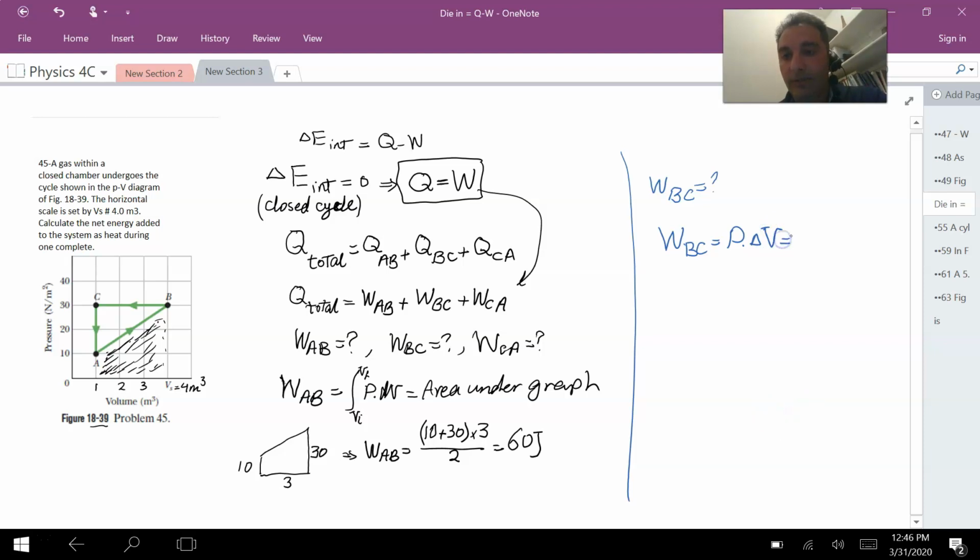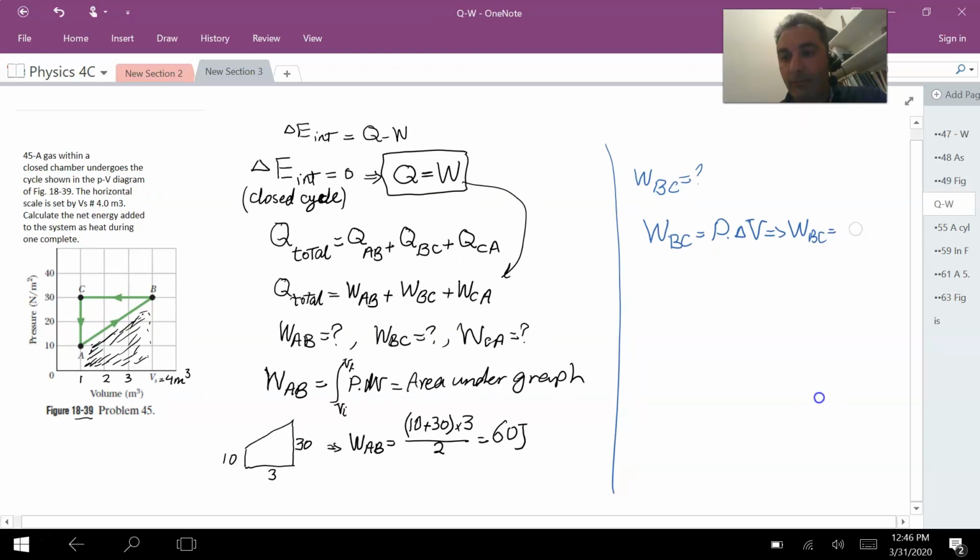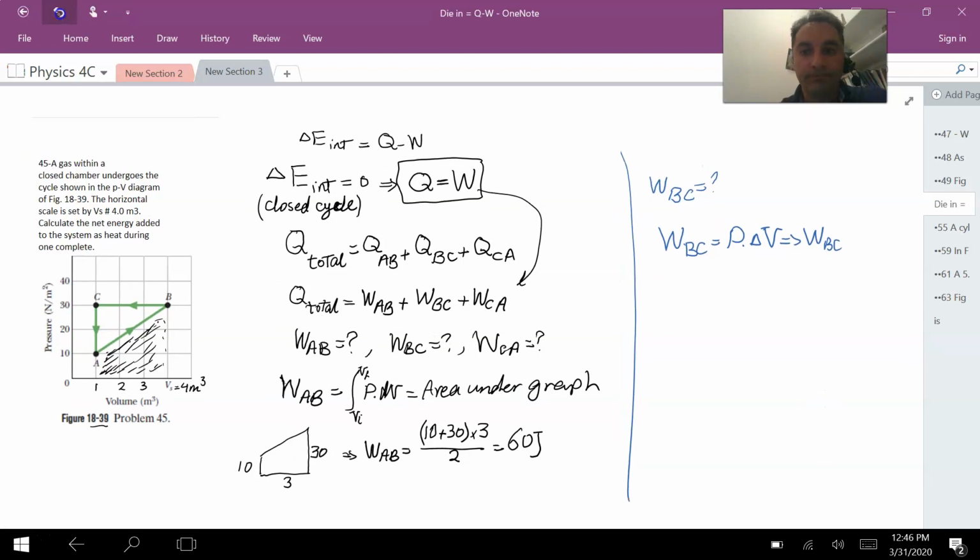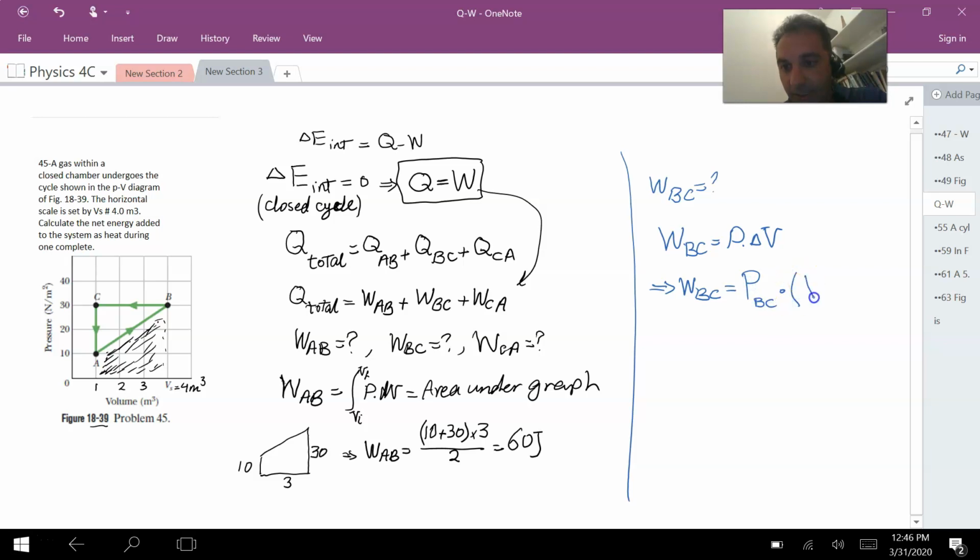So work in BC will be pressure in BC times VC minus VB. Did you get this? Because second minus first, so delta V in the path of BC.